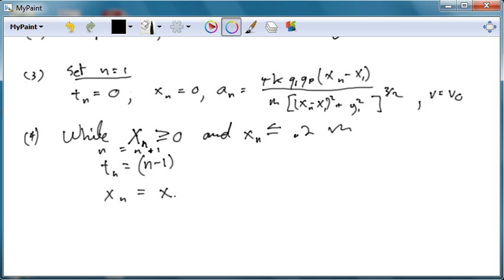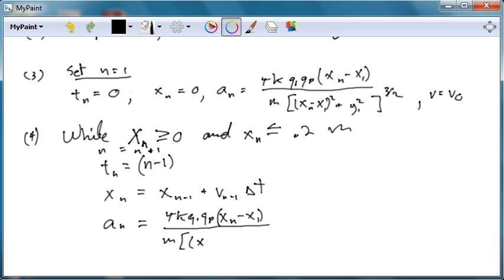Xn is what X was, Xn minus 1, plus the previous speed times delta T. An is equal to the same thing we had before, with xn, all to the 3 halves.